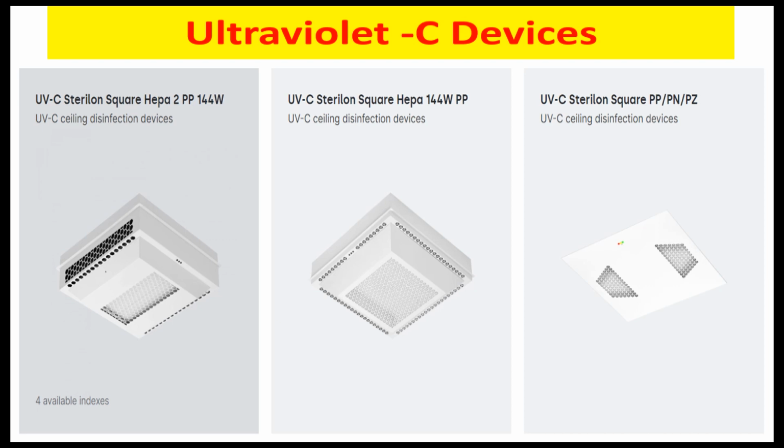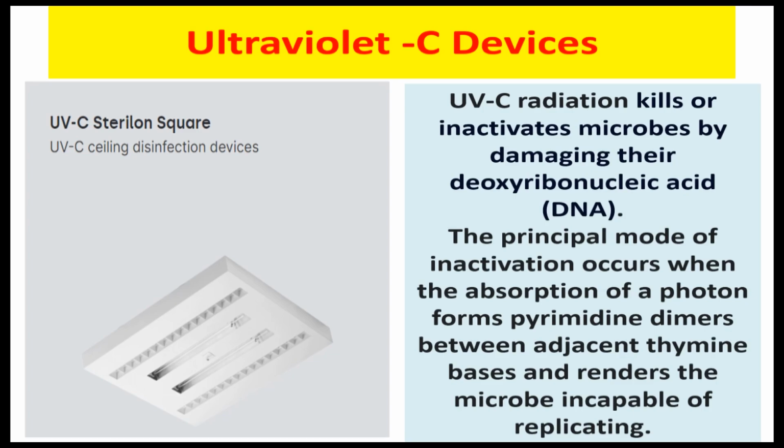Ultraviolet C devices, the last topic. These are fitted onto the rooms. Ultraviolet C devices, as we know, kill the microbes based on DNA. They damage the DNA of the microbes. The DNAs are unable to replicate. That is, the microbes become dead.